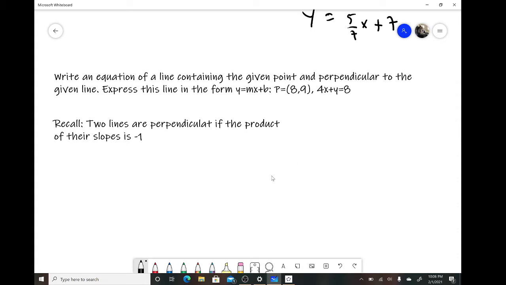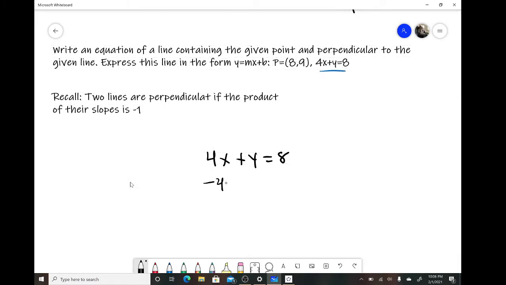Okay? So let's get into this. Once again, the first thing that we will do is simply write this equation in terms of y equals. This is much easier than the first one because you just have to move the 4x over and you're done. So we have 4x plus y equals 8.